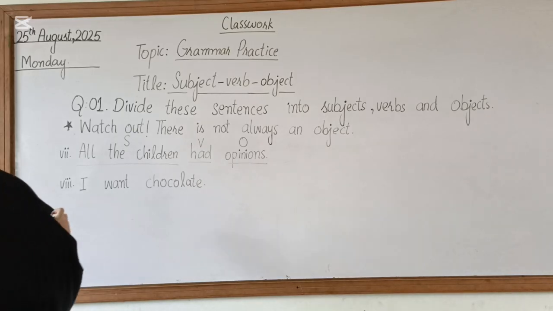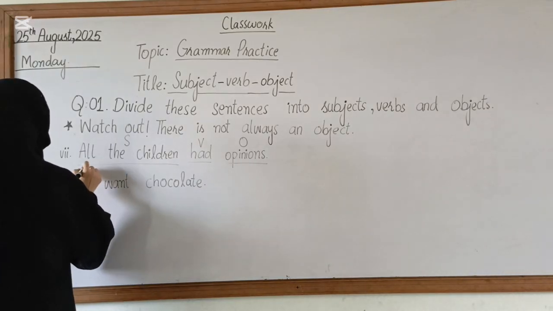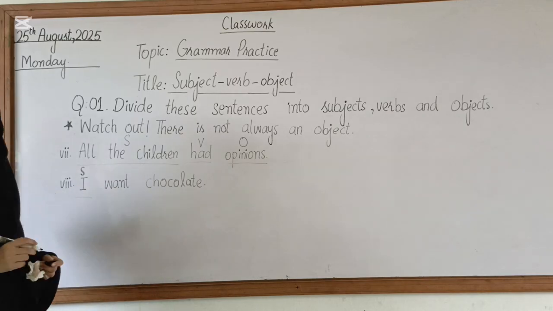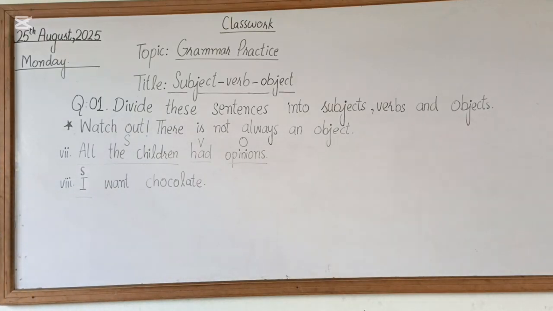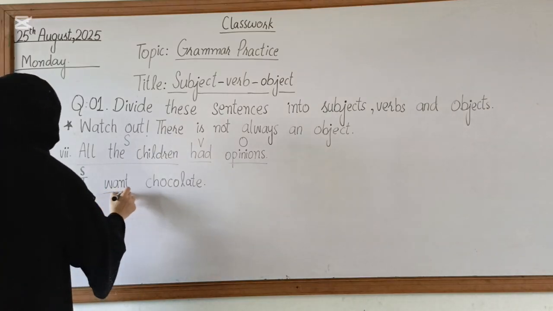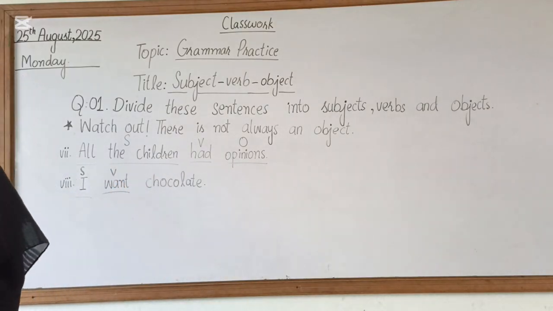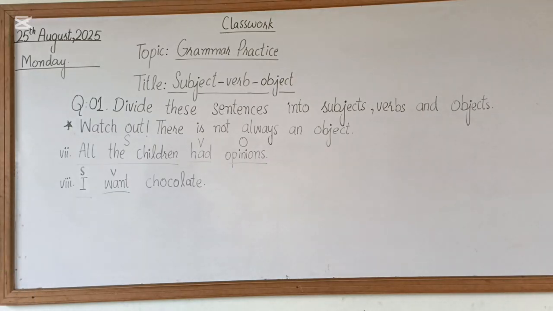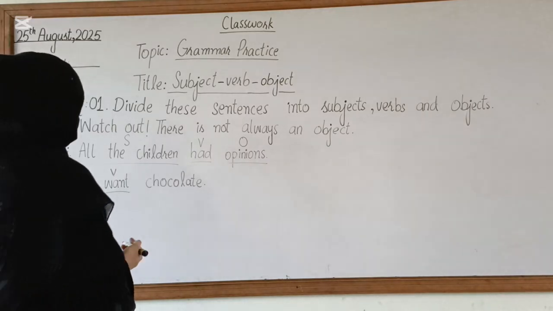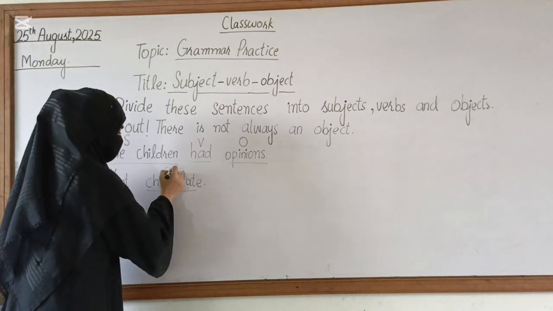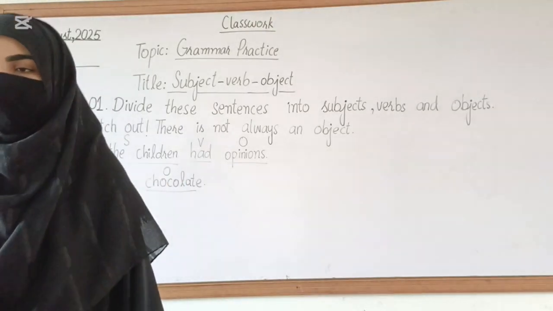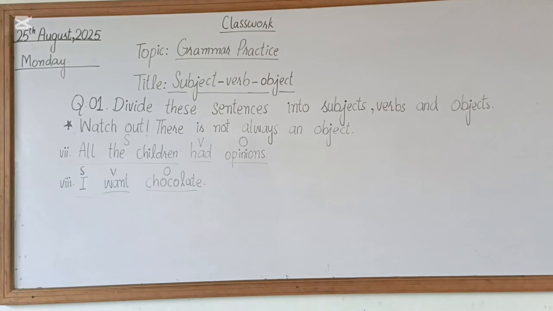So I is the subject. चाहना, पाना, ख्वाहिश करना. Want is the verb. And chocolate is an object. So what I want is a chocolate. So the chocolate is the thing that work is being done upon. So the chocolate is the object. Okay. So yeah, that's it for today's exercise session.